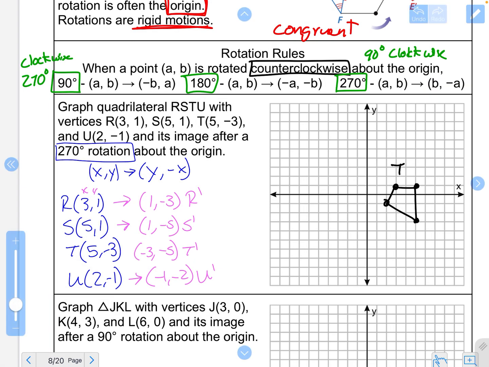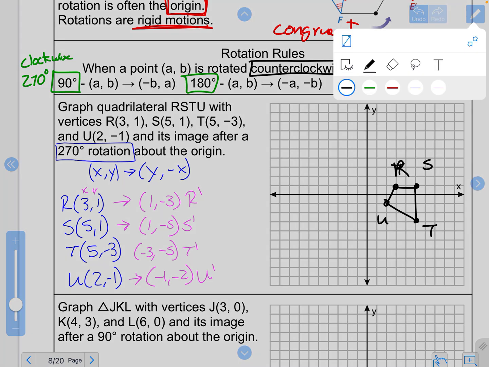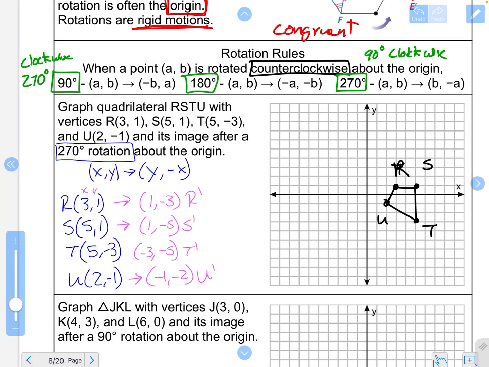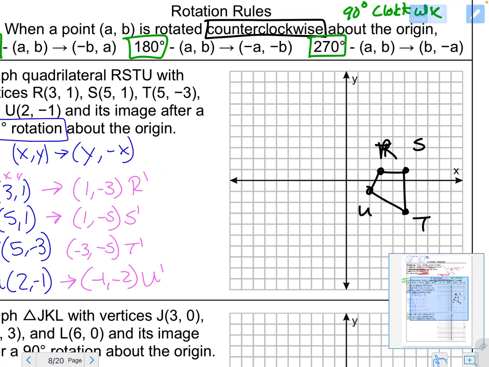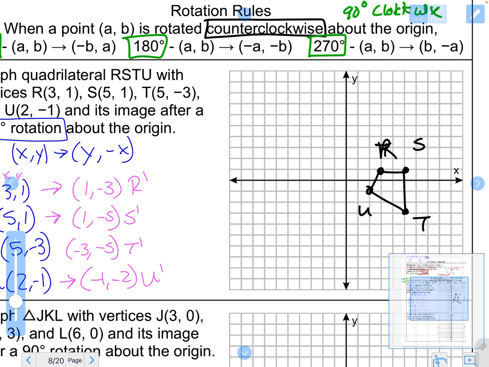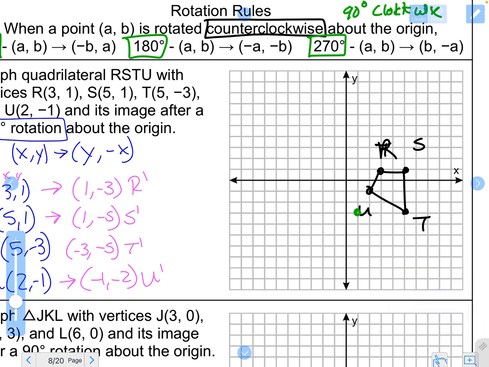So we've got R, S, T, and then U. And so if we graph our image, because RSTU is our pre-image, our image is going to be (1, negative 3), (1, negative 5), (negative 3, 1), and (negative 1, negative 2). So R prime, S prime, T prime, U prime.